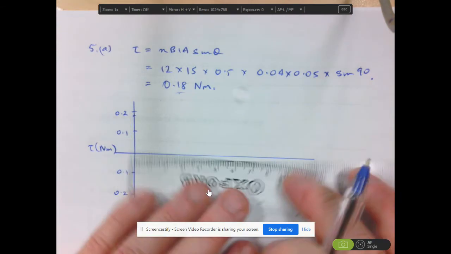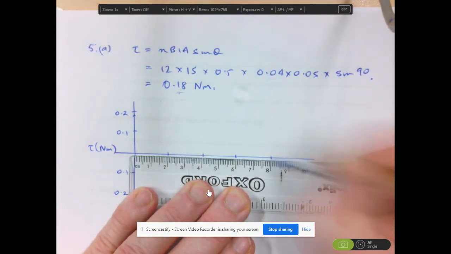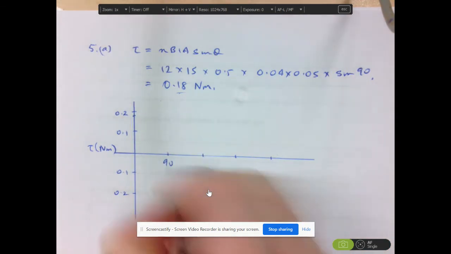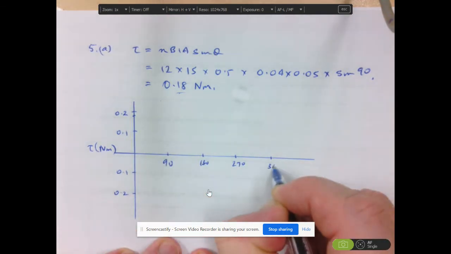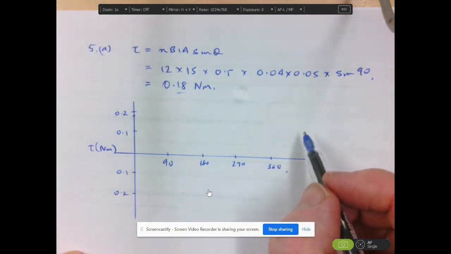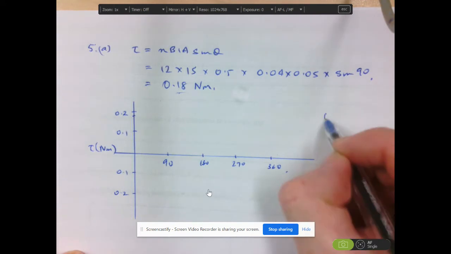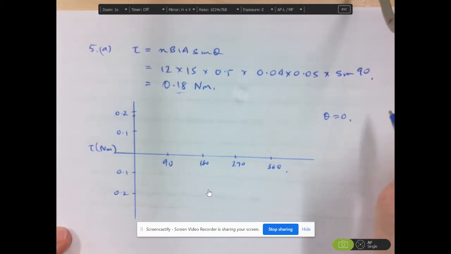Now on the horizontal, we have degrees going around from 90, 180, 270, and then the full revolution at 360. This is the angle as it turns through 1 revolution.